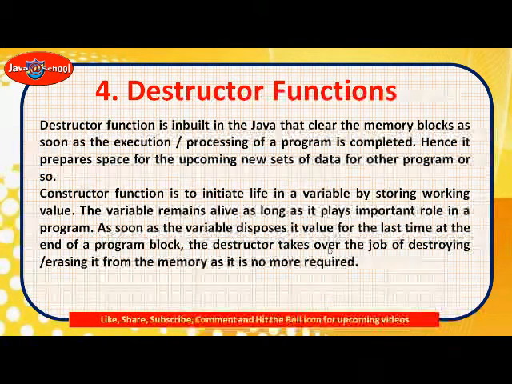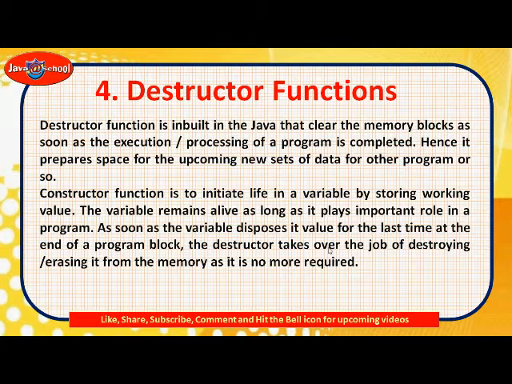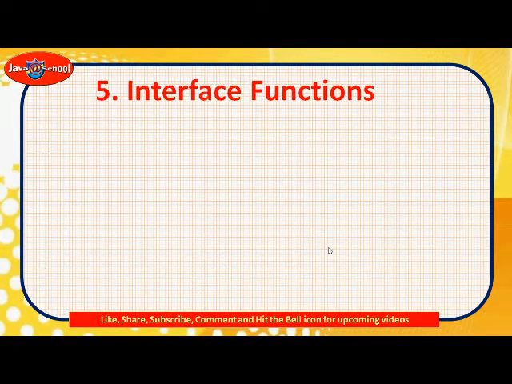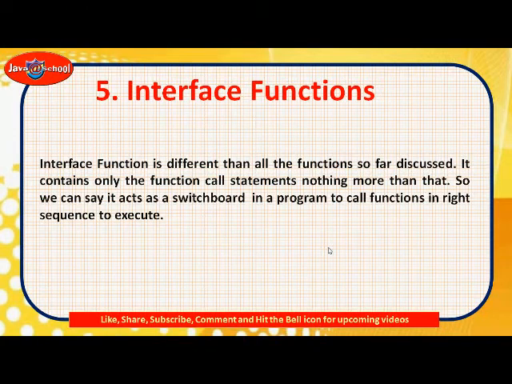Okay. Now the fifth one, the next function, is called the interface function. Practically we have been using very minimal of this interface function, but there is something called an interface function in the Java program, and this interface function is different from all the functions discussed so far. It contains only the function call statements, nothing more than that.